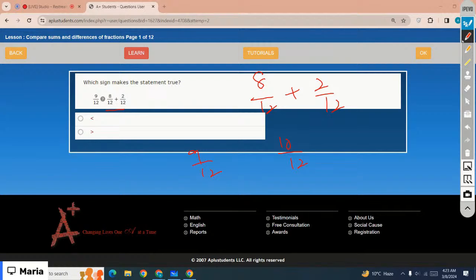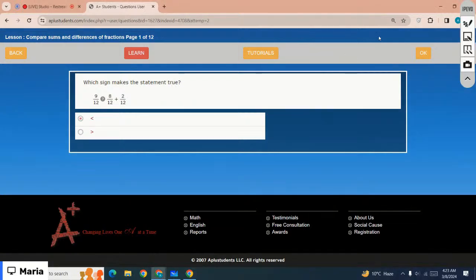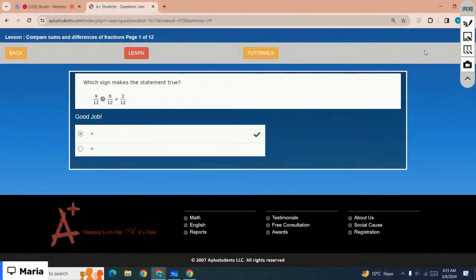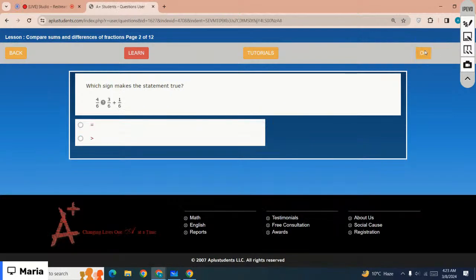Very good, that is less. 9 over 12 is less than 10 over 12. Less, it is less. Okay, 4 over 6, you have to compare it to 3 over 6 plus 1 over 6. So which is the correct option?